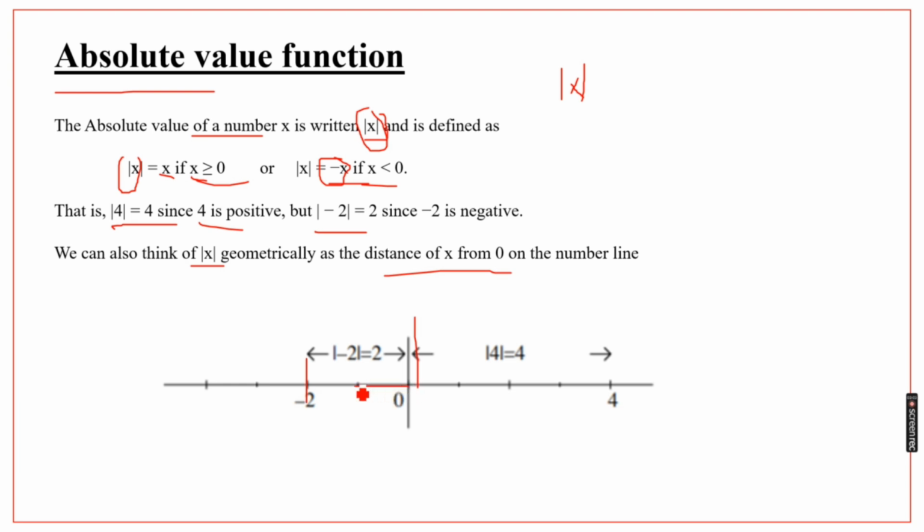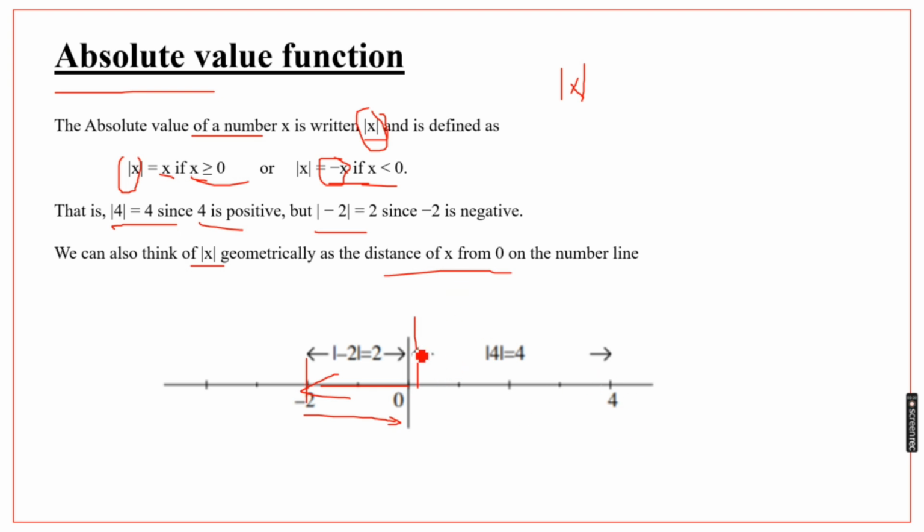When you count from 0 to negative 2 and from negative 2 to 0, it is equal, it is 2.